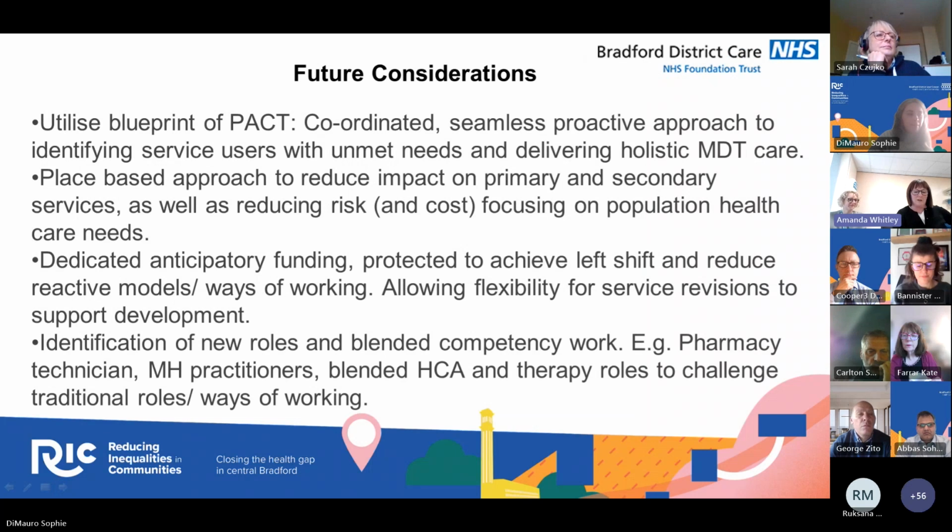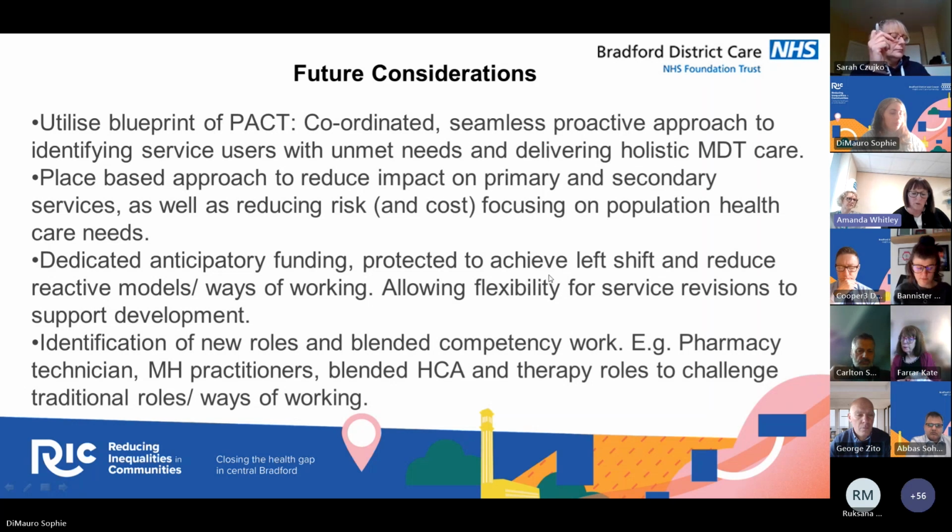Okay, so future considerations. It's a blueprint we've created in PACT. It's coordinated, it's holistic, it's patient-centred, and it's coordinated within multiple disciplines that can meet patients' needs. We use case finding to proactively seek out patients before the deterioration, before the waits for other mainstream services.